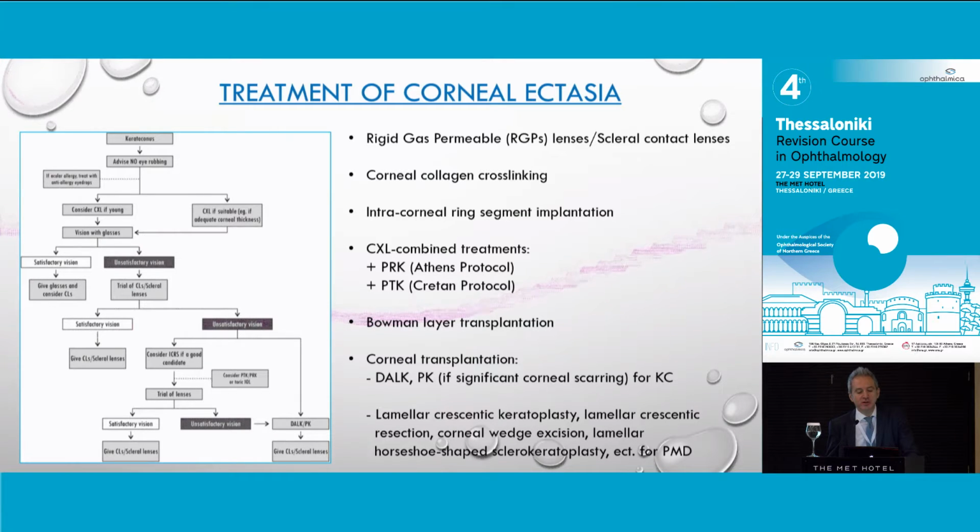Another option would be the Bowman layer transplantation. Actually, I don't believe in this procedure, but I have to mention that some surgeons are fans of it, especially those who've been trained by Melles. And these minimally invasive procedures are actually for keratoconus, ectatic corneas, which are trapped in a gray zone between contact lenses.